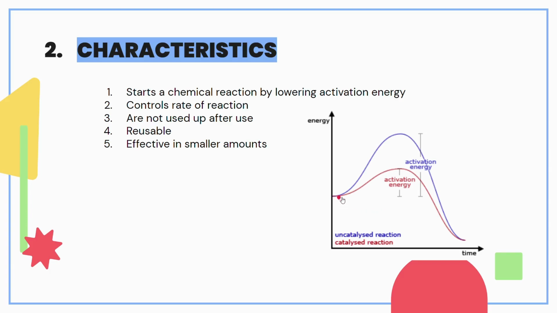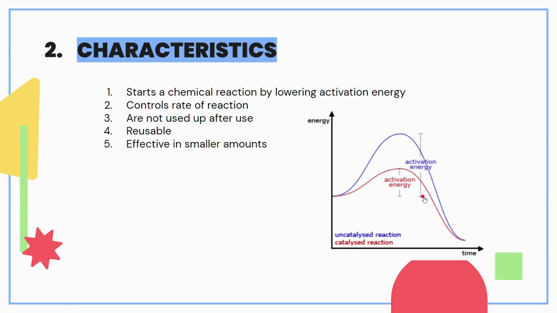And here you can see that the activation energy when there were no enzymes is quite large and there's a lot of energy needed. But when they introduced the enzymes, the amount of energy needed significantly decreased, and it looks like it's about half the energy needed.